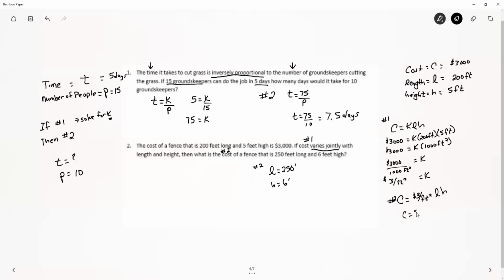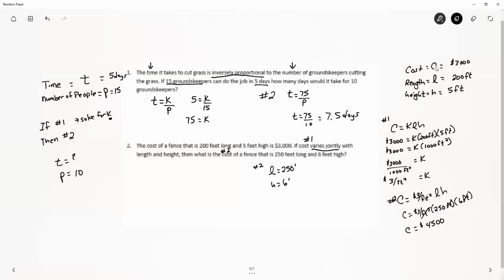The cost is equal to $3 per square foot times the length, which is 250 feet, times the height, which is 6 feet. The square foot cancels out with the feet. So what I have is $3 times 250 times 6, which gives me $4,500, and that's the cost.